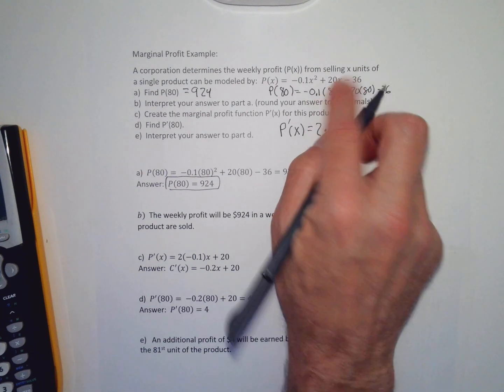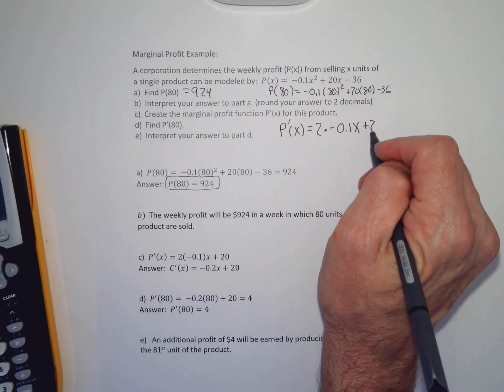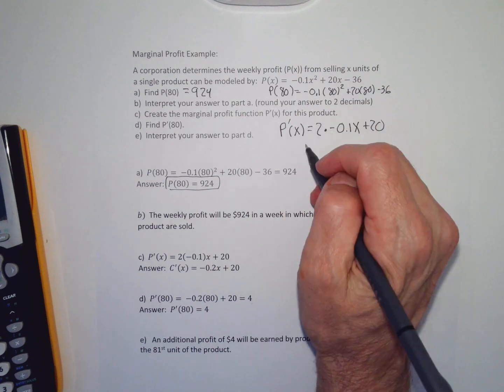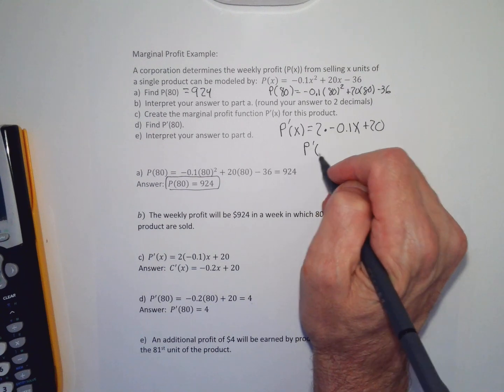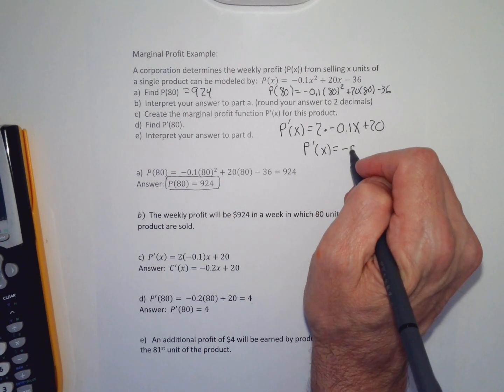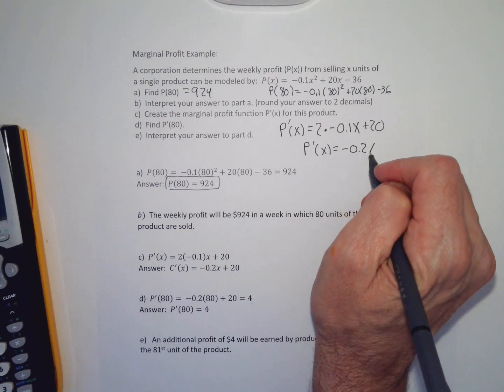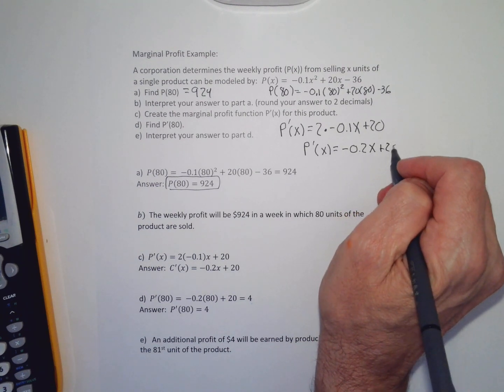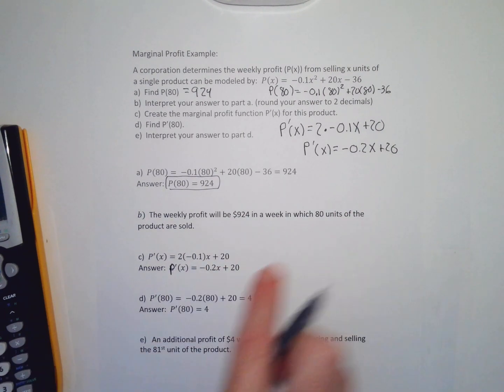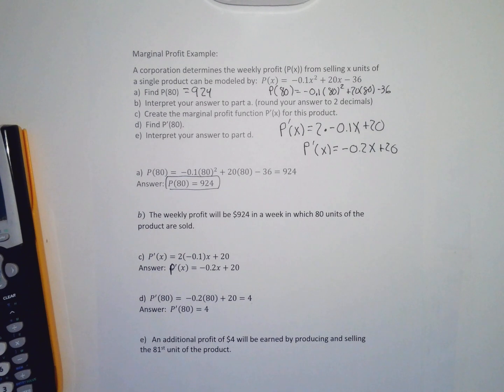The derivative of 20x is just 20. The derivative of minus 36 is 0. If I multiply the 2 times the negative 0.1, I get the marginal profit function, which is negative 0.2 times x plus 20. And this should say the marginal profit. So my marginal profit function is negative 0.2x plus 20.